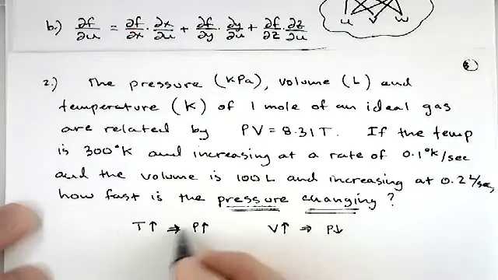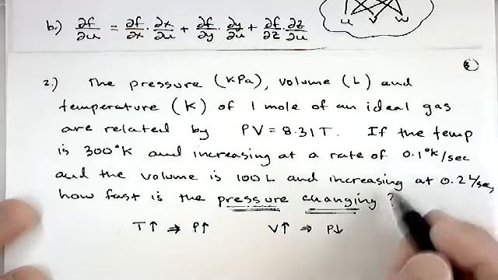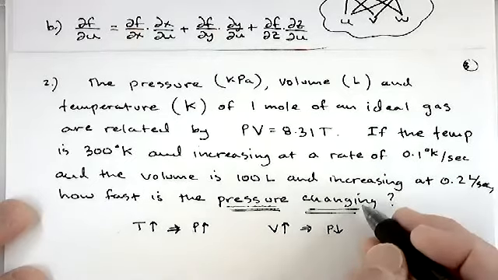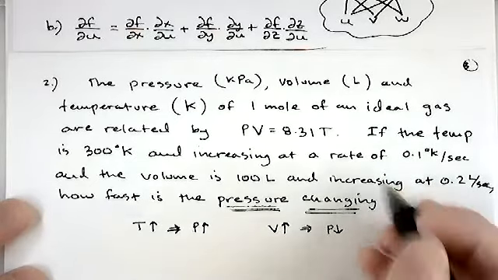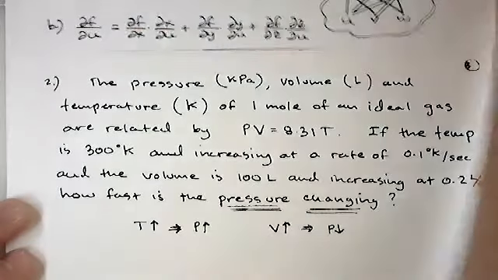So the temperature increase is causing the pressure to get higher, but the volume increasing is causing the pressure to go lower. It's really going to matter with the numbers whether the pressure is increasing or decreasing. It all depends on the numbers themselves and the relative rates of change of each of those.